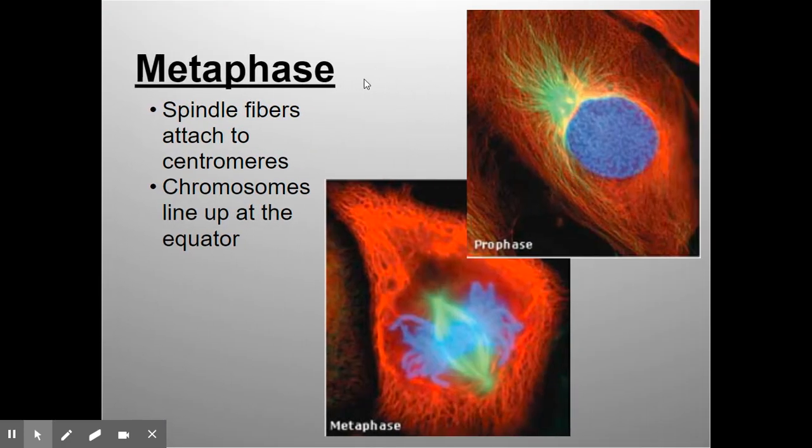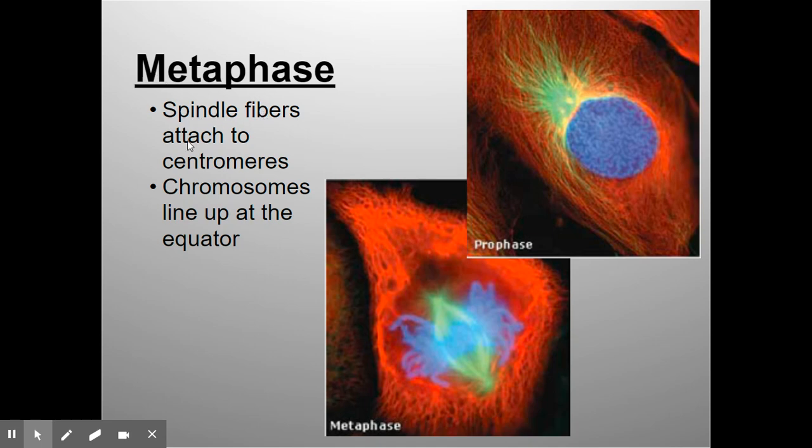After prophase comes metaphase. The way I remember metaphase is it starts with an M, and M stands for the middle for me. It's like in the middle of everything from interphase to the finish line. It's right in the middle.